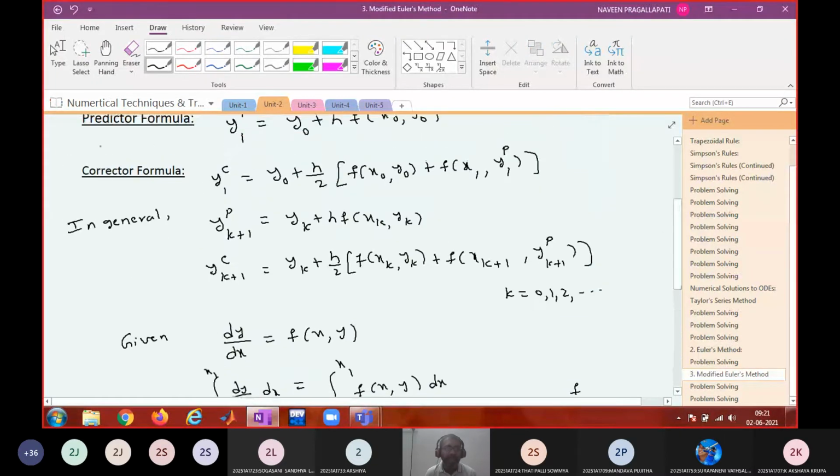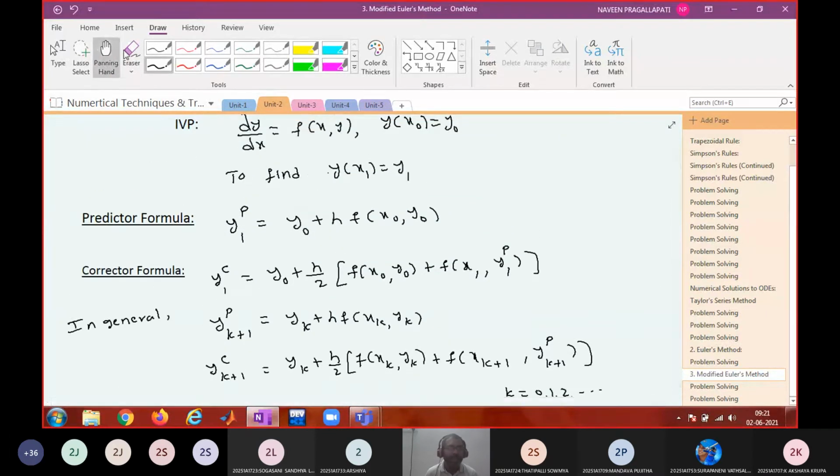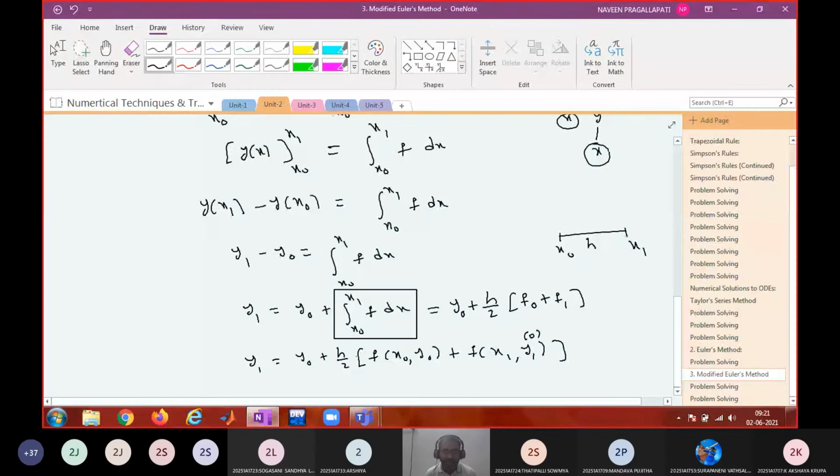Y1 power 0 is nothing but the predictor formula. Then whatever the simplification, the resultant is going to be y1 power 1, which is a better approximation to y1 than y1 power 0. We are improving the value of y1 from this.